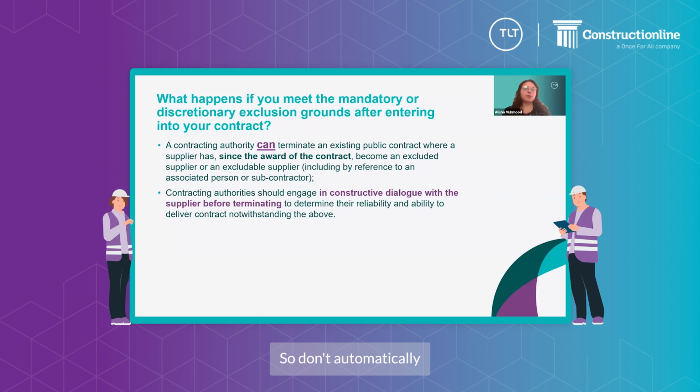So don't automatically assume that they will terminate the contract, but in terms of making sure that the situation is handled well by both parties, it's going to be really important to, as we've said, flag really early on, as early as you can, where you think the circumstances may have changed for you, as this may affect the authority's decision making in this area.